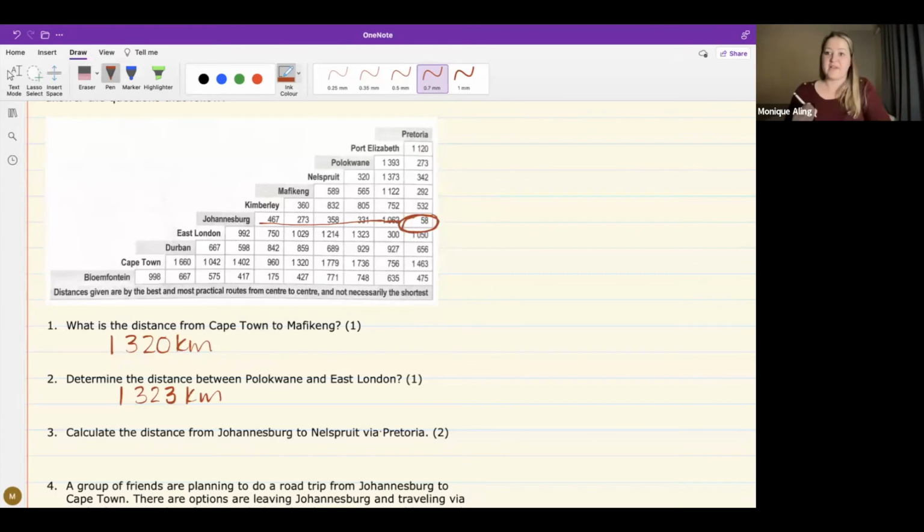Okay. So Johannesburg to Pretoria is 58 kilometers. So that's the first part of my journey. So from Joburg, I have traveled to Pretoria.